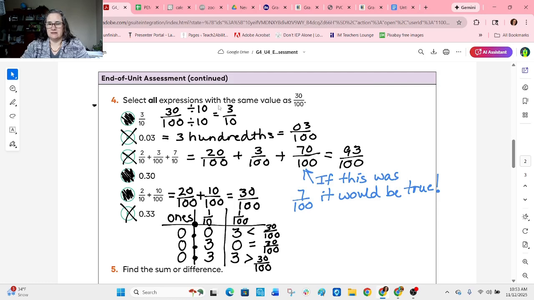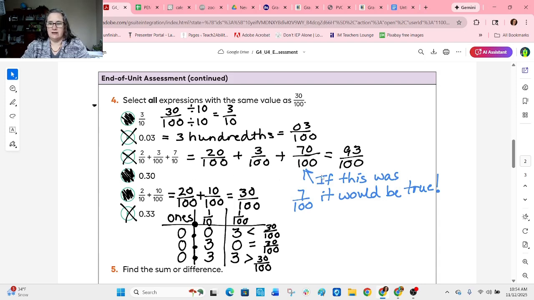And if this 3 tenths and 30 hundredths are the same, and then the last one I have 3 tenths, so these are equal, but then because I also have 3 hundredths, that means that this is actually greater than 30 hundredths.